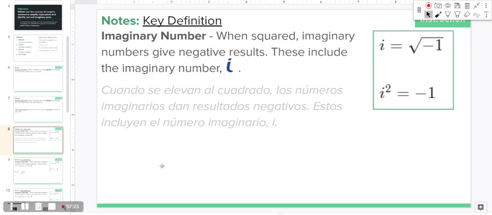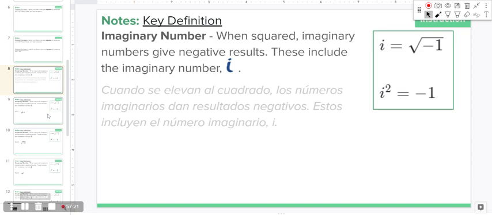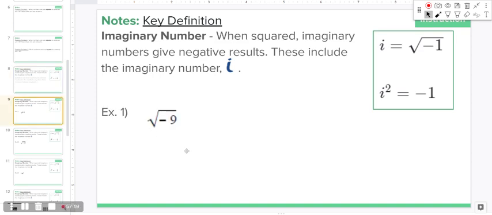Now, let's see how this can be used in a couple of examples. In example 1, we have the square root of negative 9.